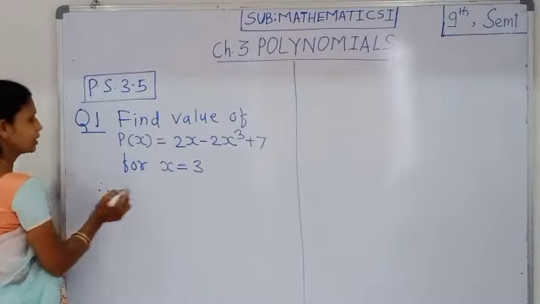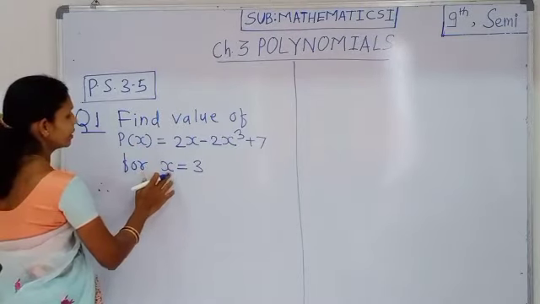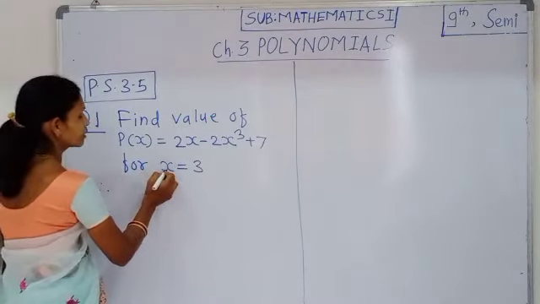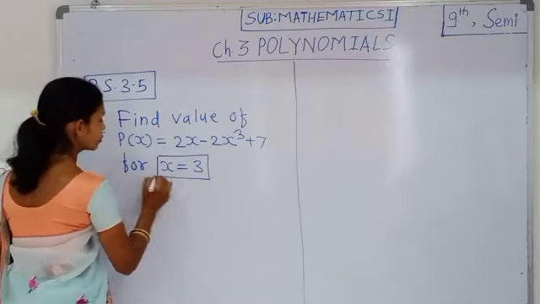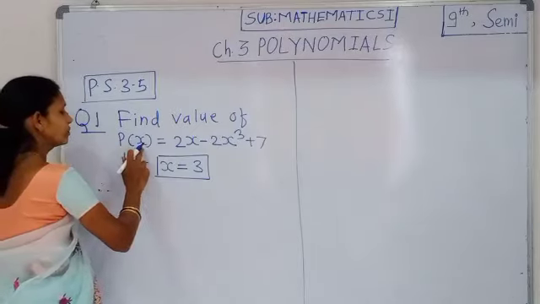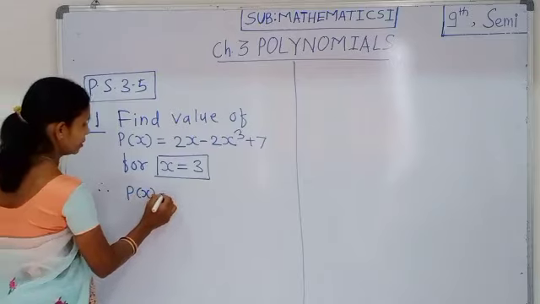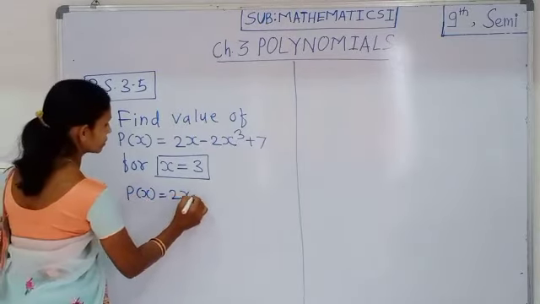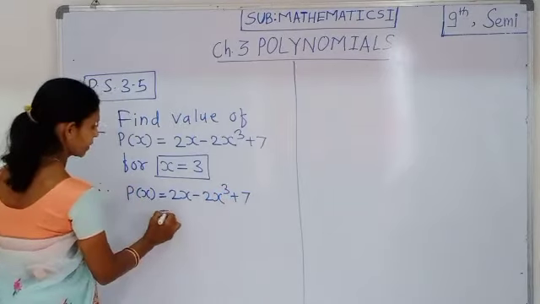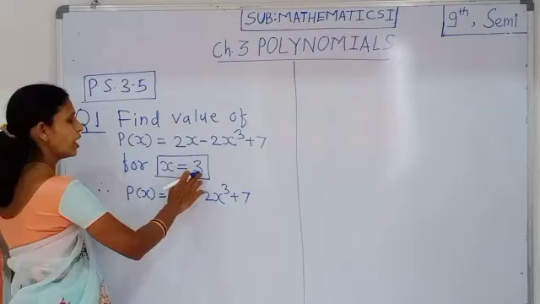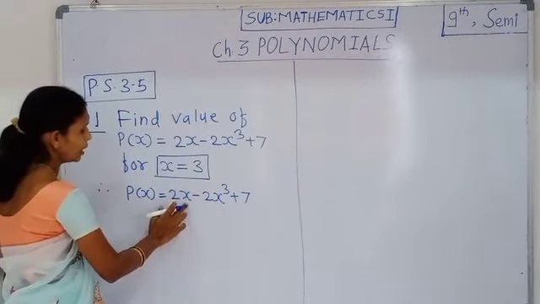First of all, focus on the fact that the value of x is 3. Therefore p(x) = 2x minus 2x cube plus 7, and we have to put the value of x into this polynomial.